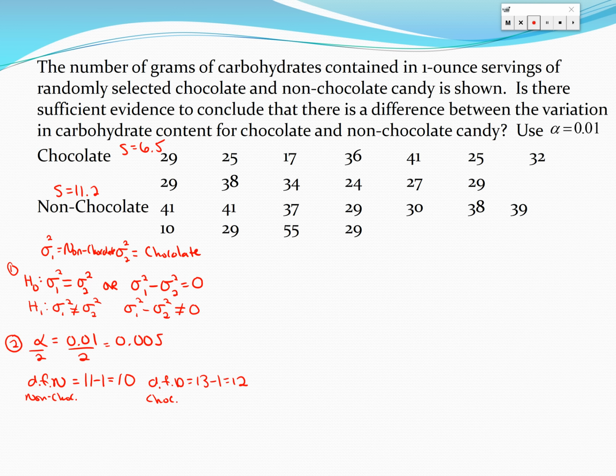So the degrees of freedom for the numerator, we take the sample size with the larger variance, subtract 1. Degrees of freedom denominator, sample with the smaller variance, subtract 1. So now on to Table H we go, now that we have the little background info we need.